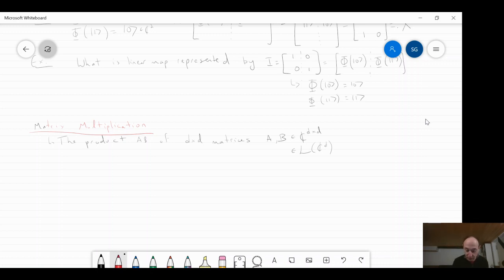This is the notation I'll tend to use in this course. And remember that the product of these two things is nothing other than this formula. The entry ij of the product is the sum over k equals 1 up to d of a_ik times b_kj. So that's just the formula.